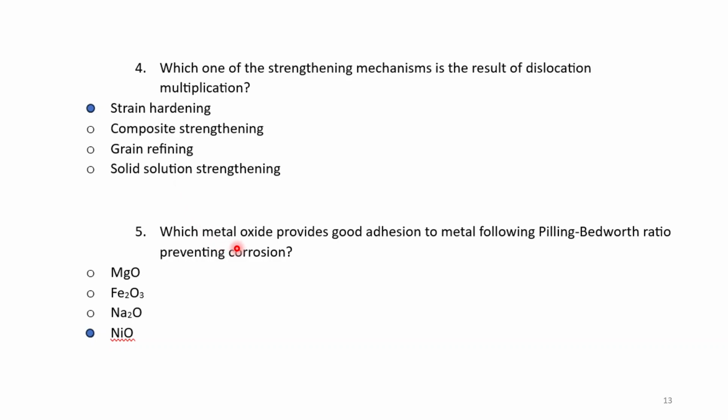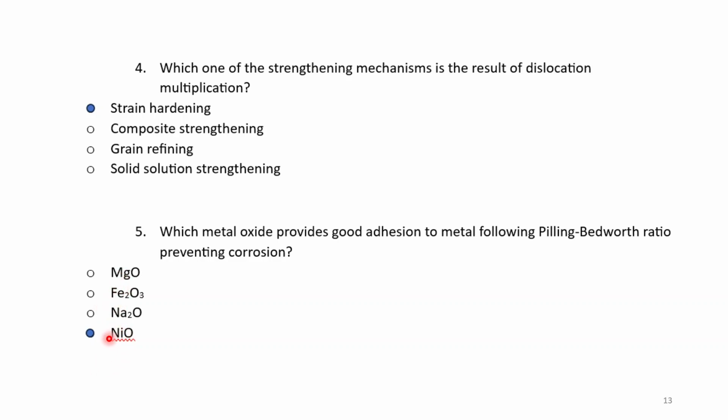Fifth question is, which metal oxide provides good adhesion to metal following the Pilling-Bedworth ratio, preventing corrosion? Your options are MgO, Fe2O3, Na2O or NiO. Out of these, magnesium oxide, sodium oxide and iron oxide all have Pilling-Bedworth ratios in categories where these layers won't be stable.